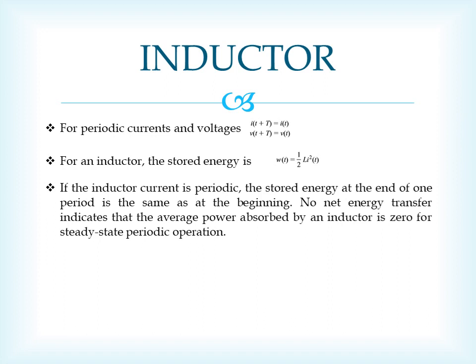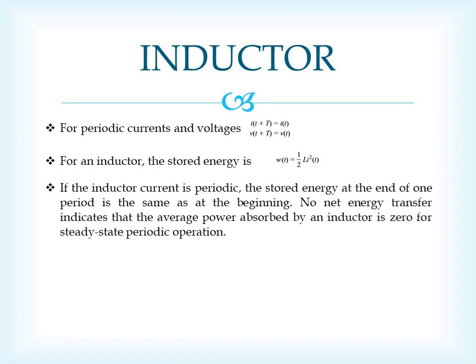In this state the average power absorbed by the inductor is zero, so whatever energy it is storing, it will give back that energy. So the net energy transfer will be zero. This is what we call steady state. So when we specify that we are analyzing a particular circuit in steady state, keep this in mind.